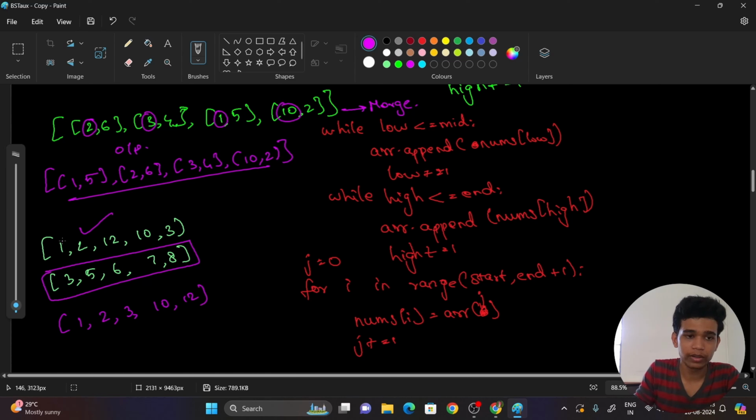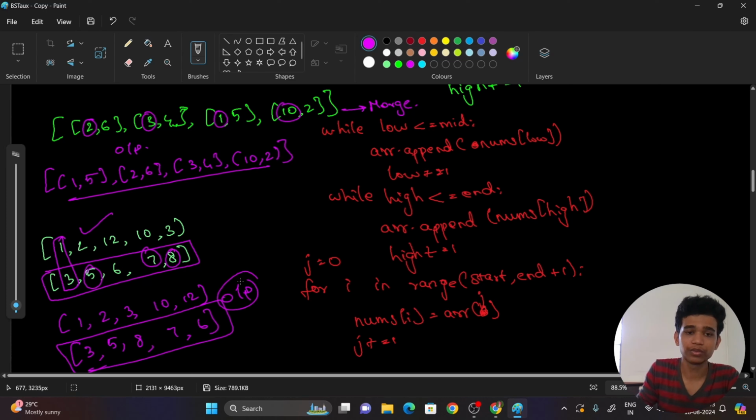Now, what is the position of 1? It is 3, right? So just update 3 here. And at 2, it is 5. At 3, what is the element? It is 8. So put 8 here, then put 7 here, then put 6 here. So this is my output. Can you understand this? This is one type of sorting question. For this question, you should use a merge sort algorithm.